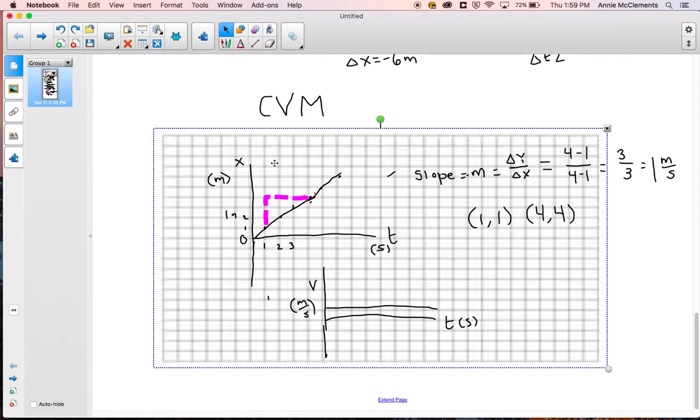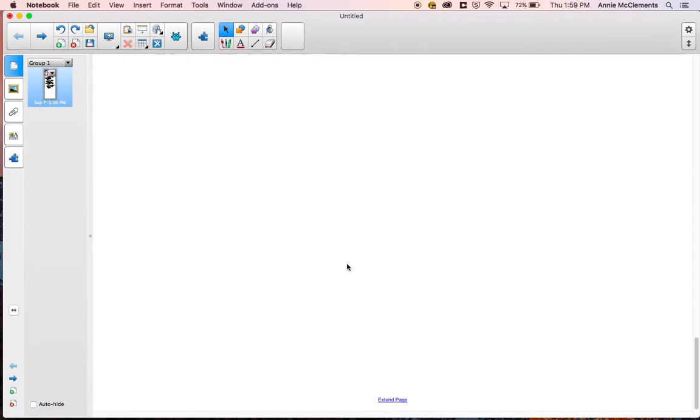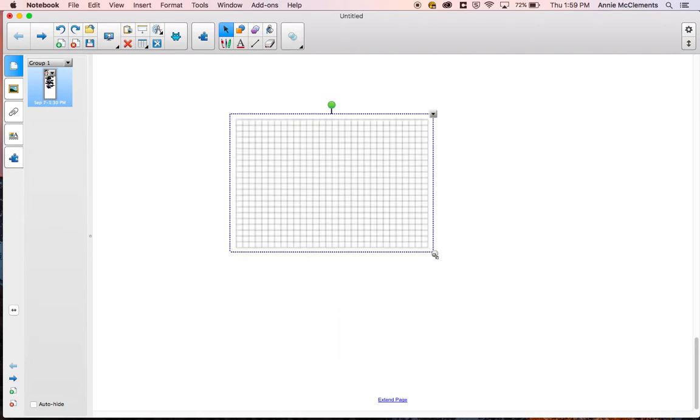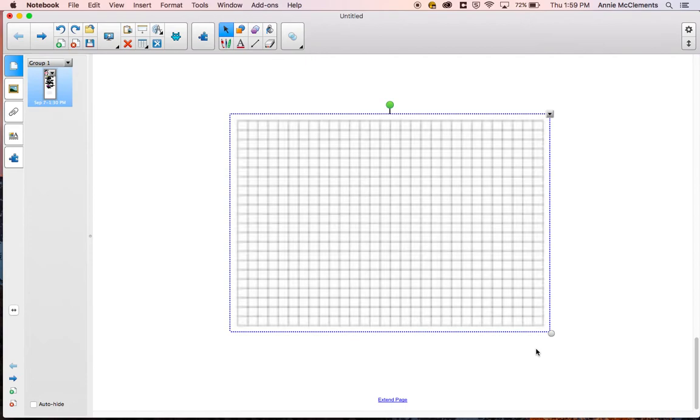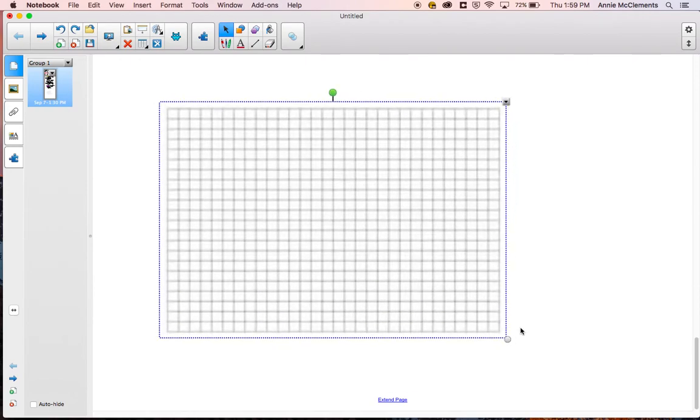So I want to just do one more example of transitioning a position versus time graph into a velocity versus time graph, and then I'll let you guys get to it.